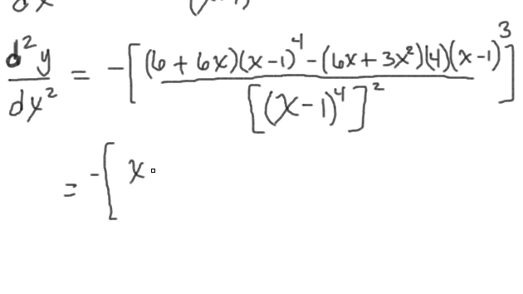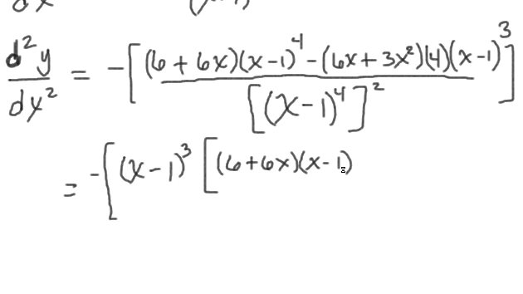We got x minus 1 raised to the third power. Okay, let's do that. I'll start another bracket here. I'm pulling, okay, 6 plus 6x, x minus 1. We're pulling 3 of them out, so we're only left with 1. Minus, so I'm going to go ahead and bring that 4 out front.